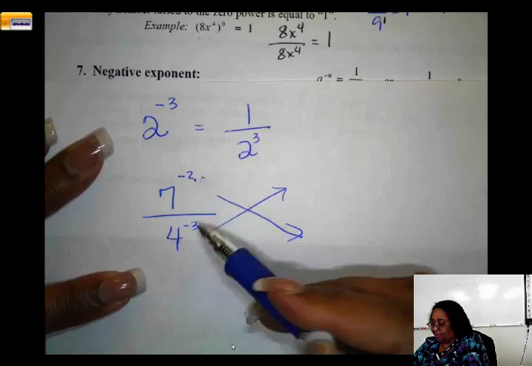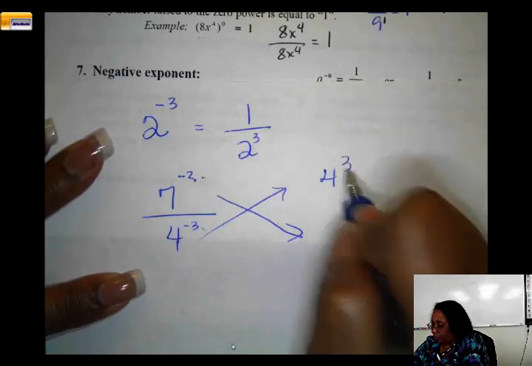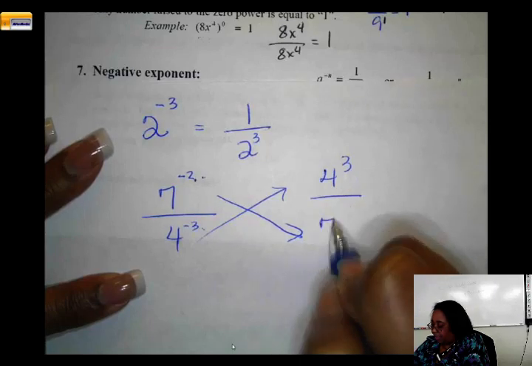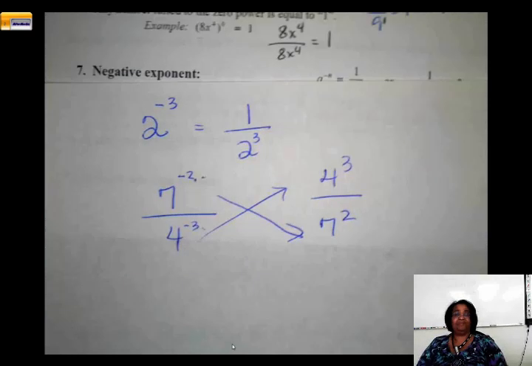That means inverse to inverse. So this is going to become 4 over 3, and this is going to become 7 over 2. You take the inverse, you flip it. So anytime you have a negative exponent, you're going to flip.